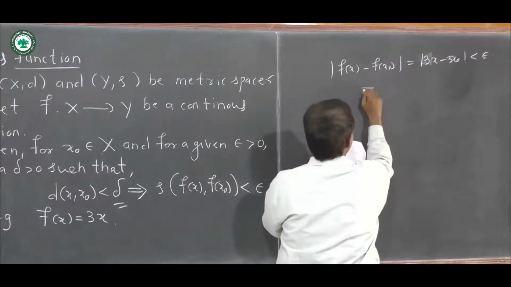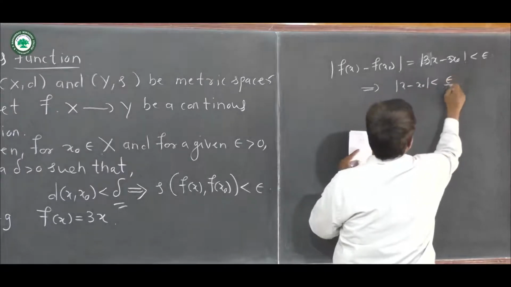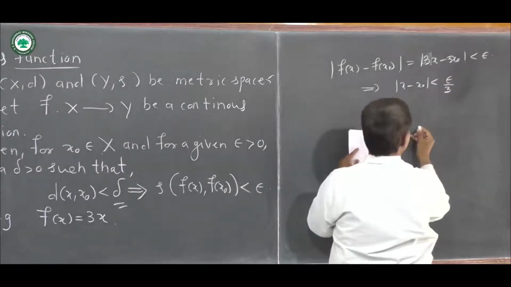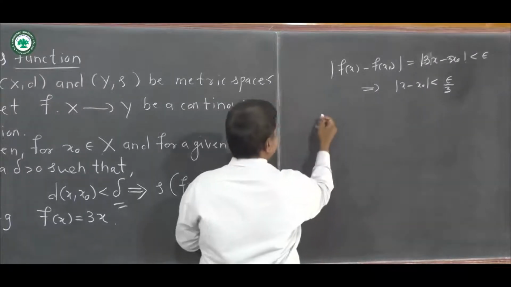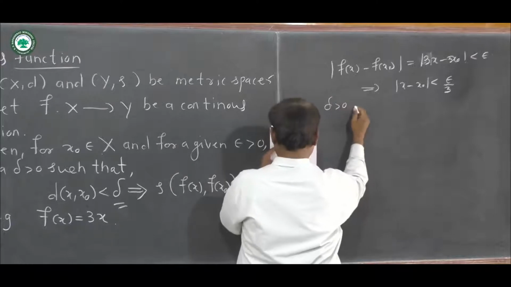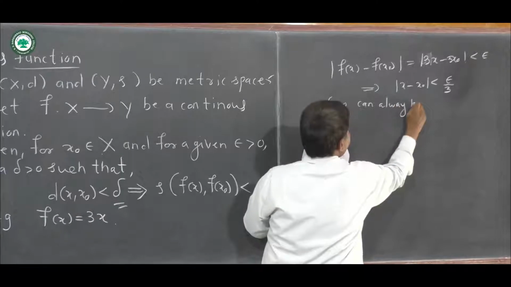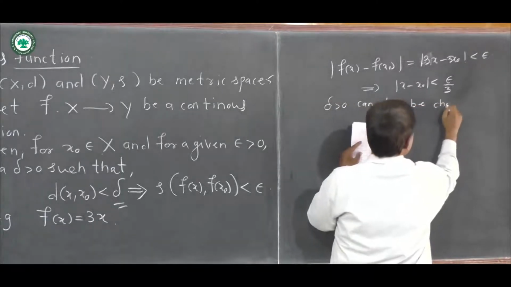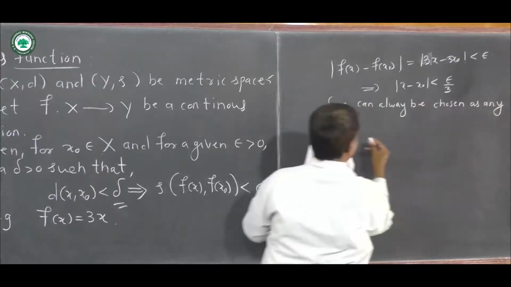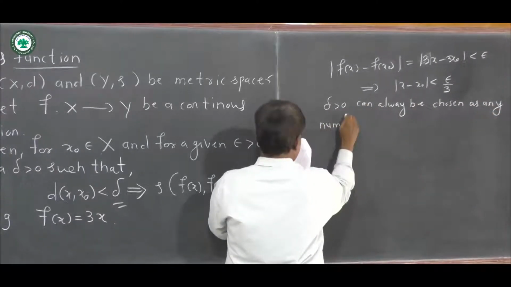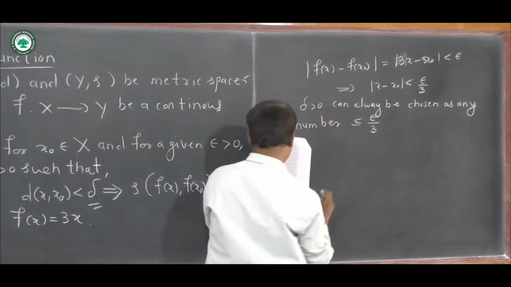So this implies that mod of x minus x naught is less than epsilon upon 3. So it means that in this case delta greater than 0 can always be chosen as any number less than or equal to epsilon upon 3 here.